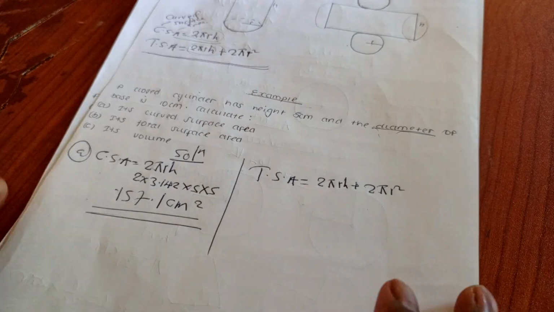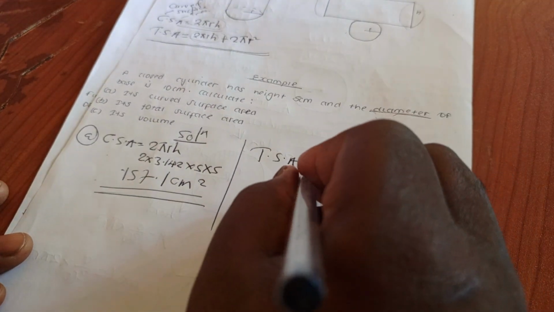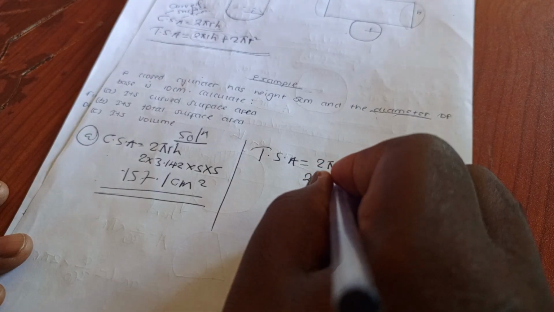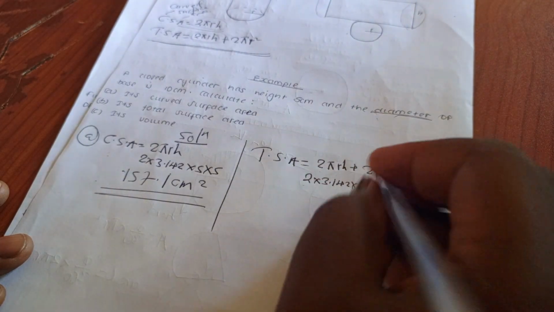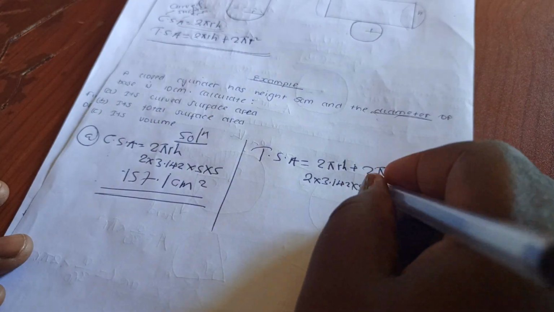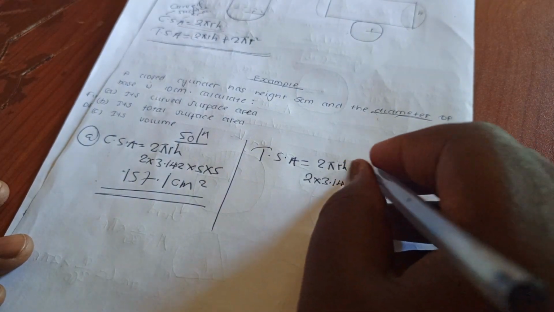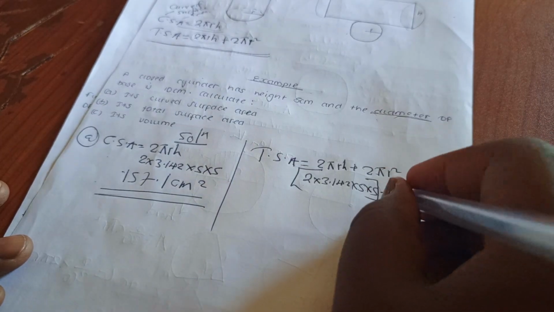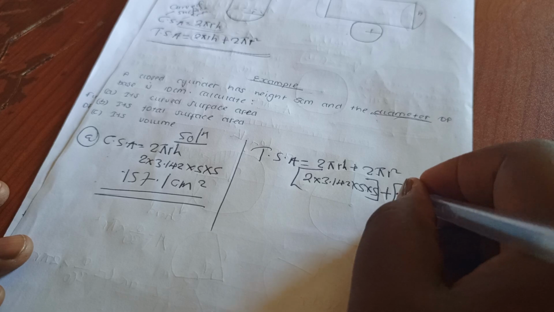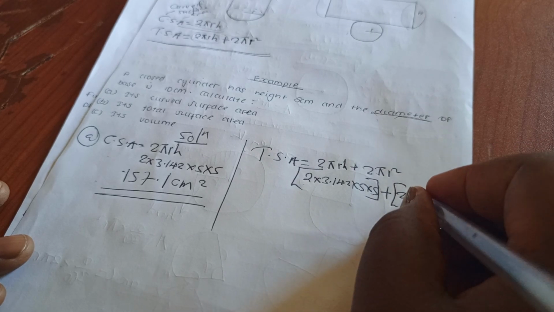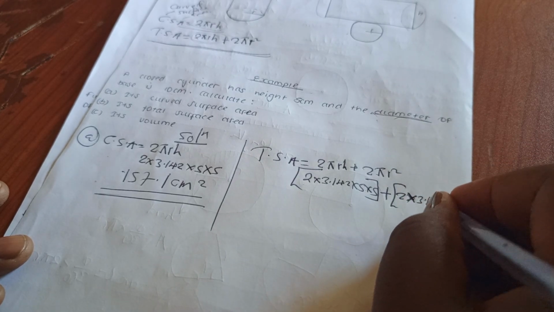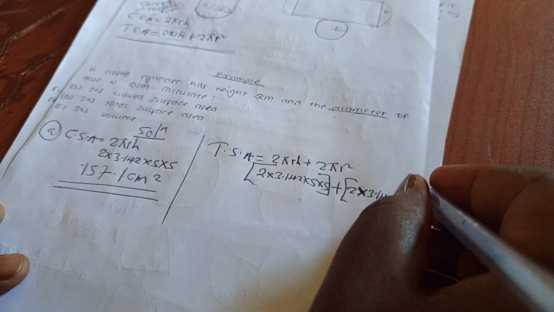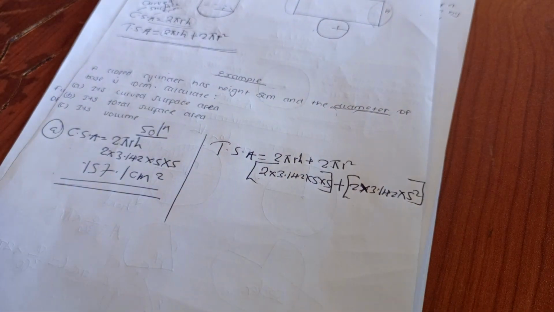Now we substitute here. 2 times pi is 3.142 times 5 times 5. Then plus, again here, 2 times pi, 3.142 times the radius 5 squared. You can do this as well. All together? Yes. Good.